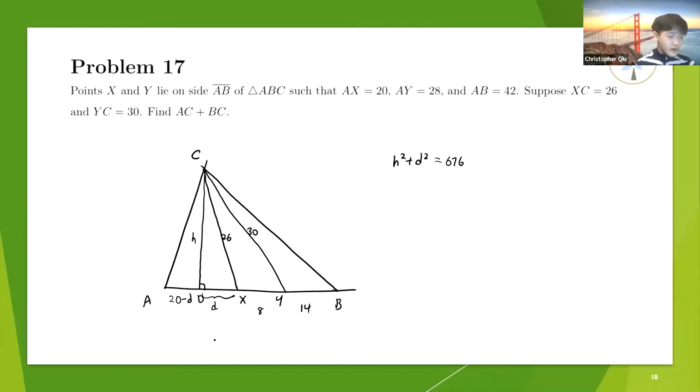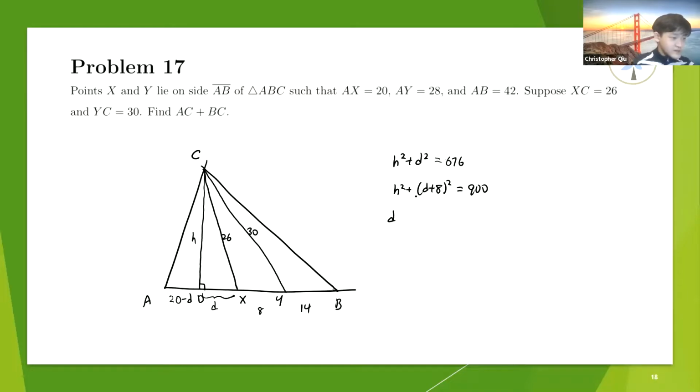And then applying the Pythagorean theorem to triangle CDY, which is also a right triangle, we get that h squared plus (d plus 8) squared is equal to 900. And so if we subtract these two equations, we'll get rid of h, and then we can find what d is.